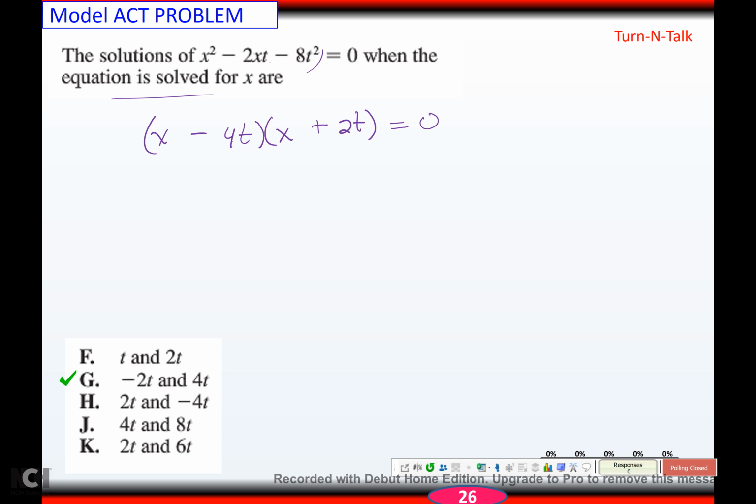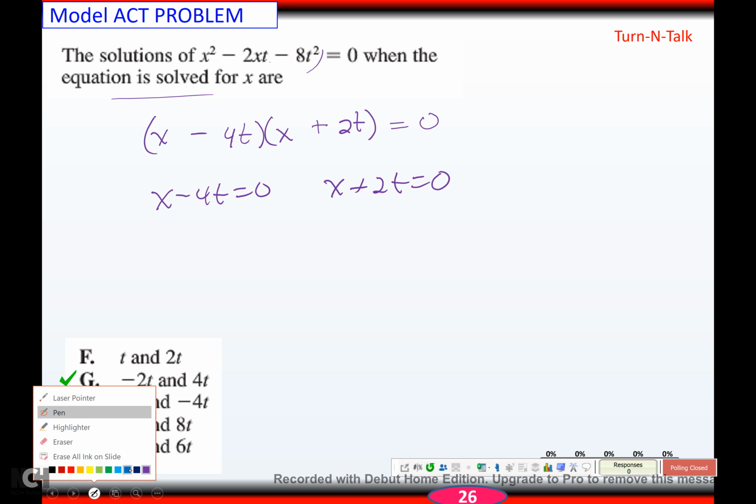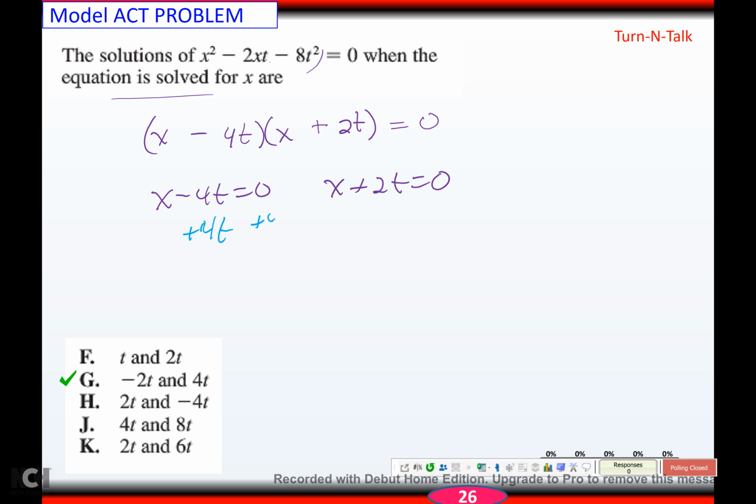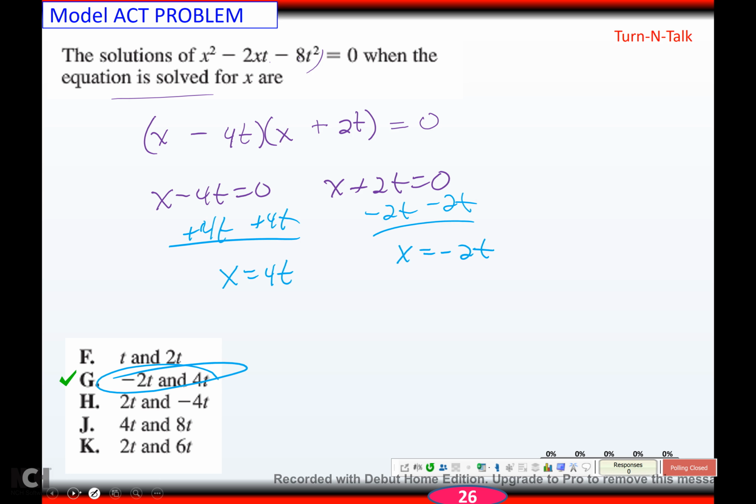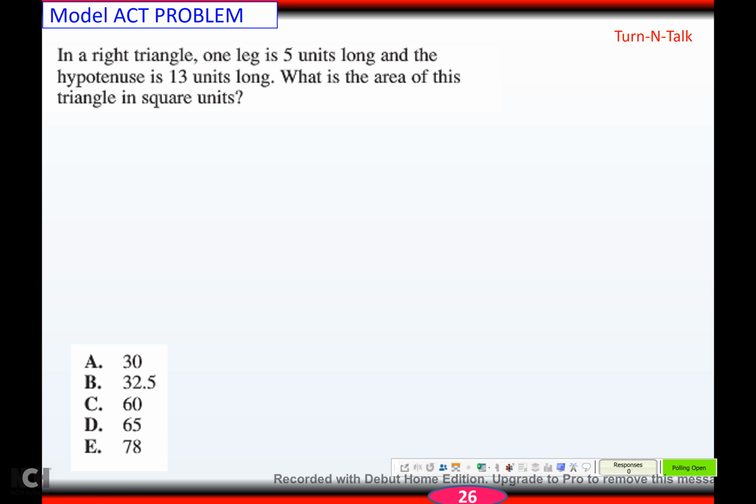So if I solve that, x minus 4t equals 0, and x plus 2t equals 0. Add 4t, I get x equals 4t. Minus 2t, I get x equals negative 2t. Okay? Try this one. Come back when you're ready.